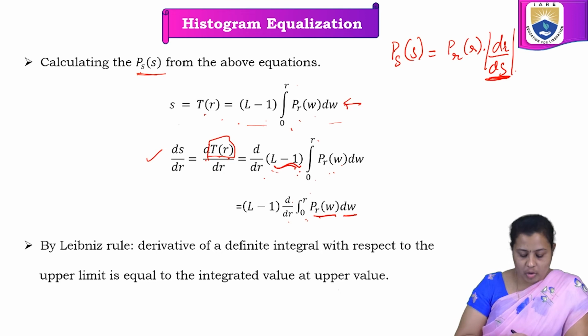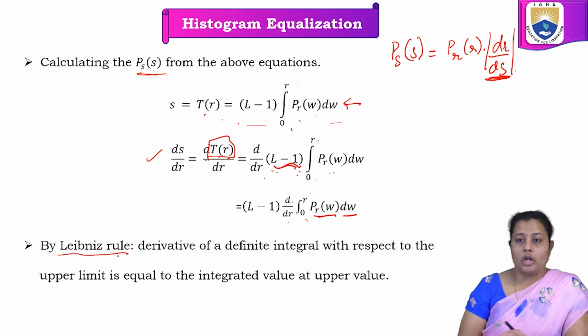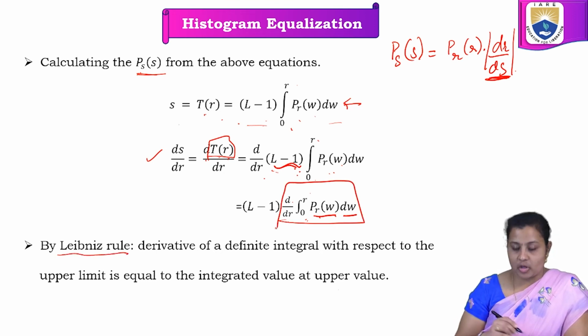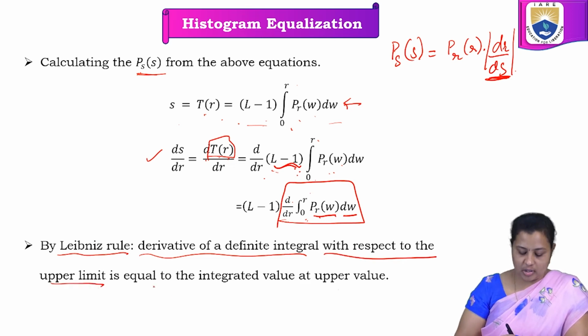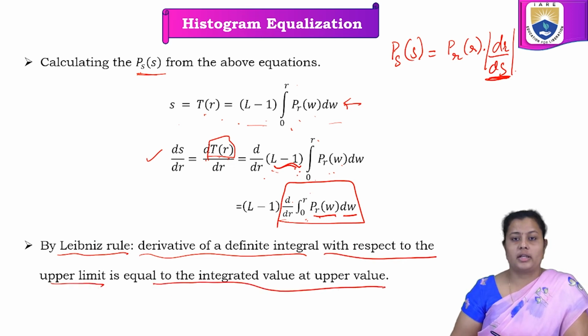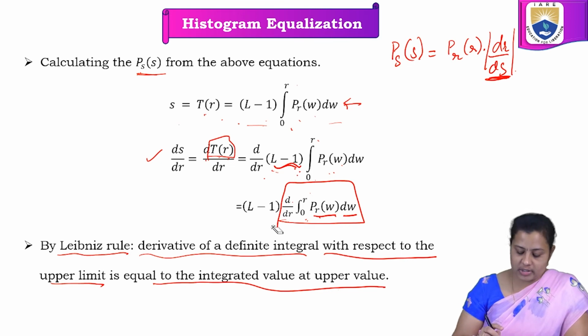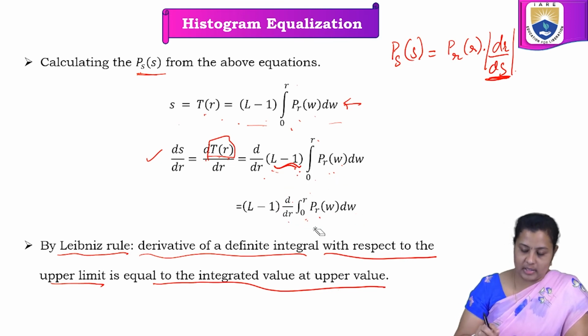Now, we are going to use the Leibniz rule to calculate this value. What does this Leibniz rule mean? The derivative of a definite integral with respect to its upper limit is equal to the integrand evaluated at the upper limit. Let's go back here.